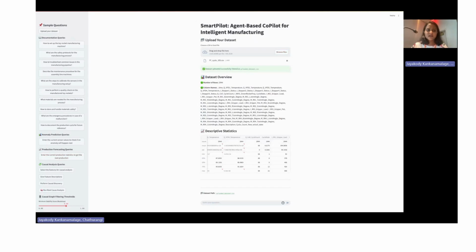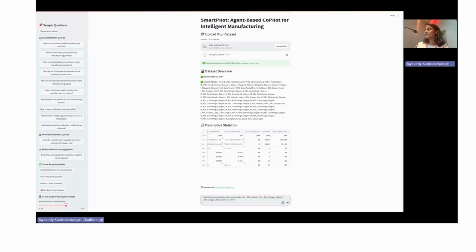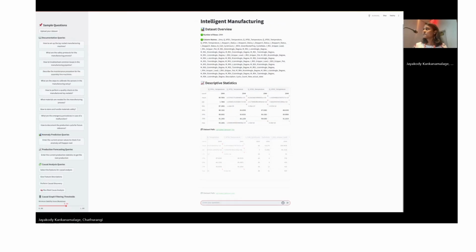So let's ask the question to check if there is an anomaly or not. And I picked three variables in this particular dataset: IRO2 gripper potentiometer, 3 gripper potentiometer, and 4 gripper potentiometer. So all these are the sensors attached to the robots that we have in our manufacturing facility.